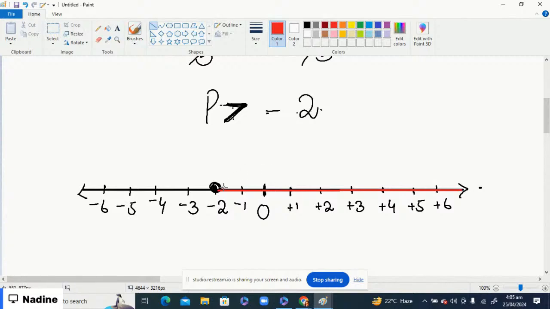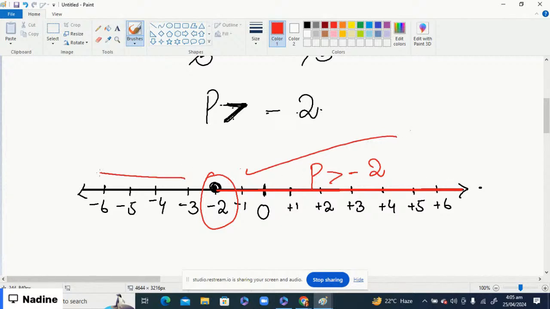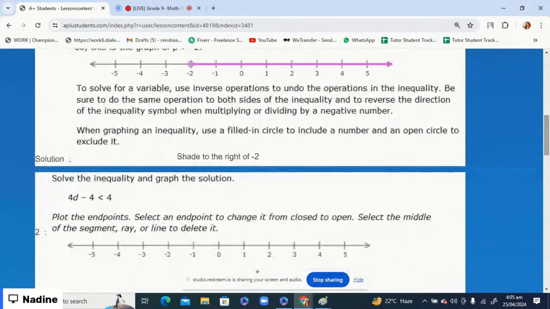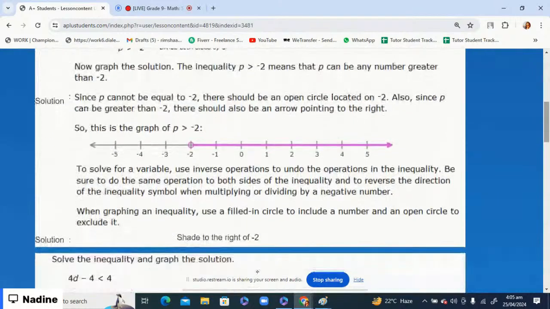The greater sign is here because here all is less. So we can say p moves in the right side, shaded to the right of negative 2.